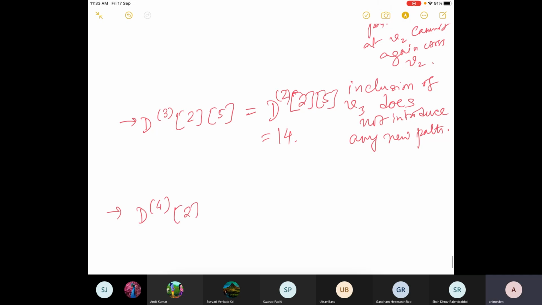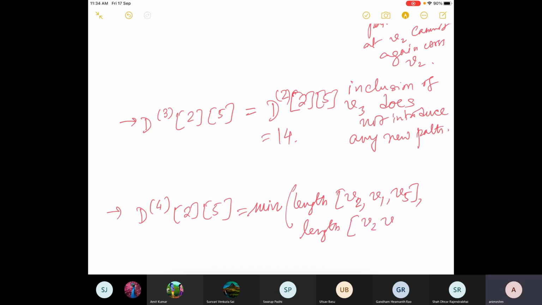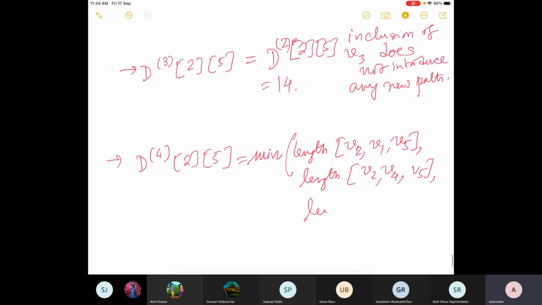D4 25. How much is this? Minimum of length of V2, V1, V5, length of V2, V4, V5, length of V2, V1, V4, V5, length of V2, V3, V4, V5.